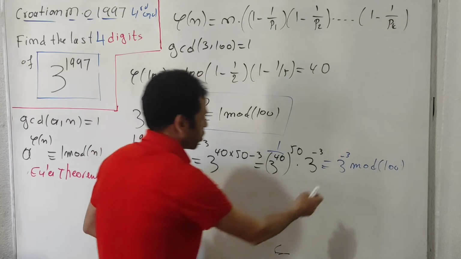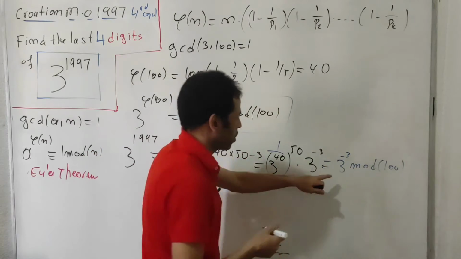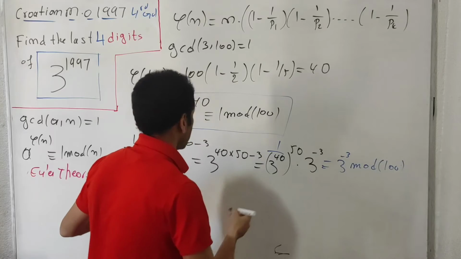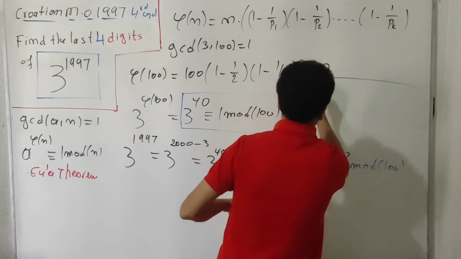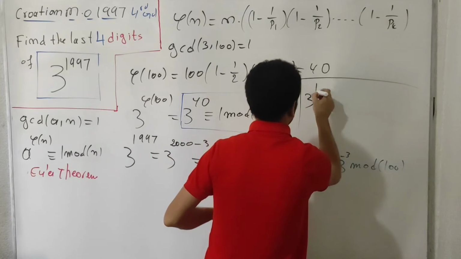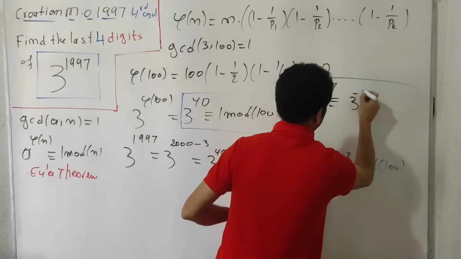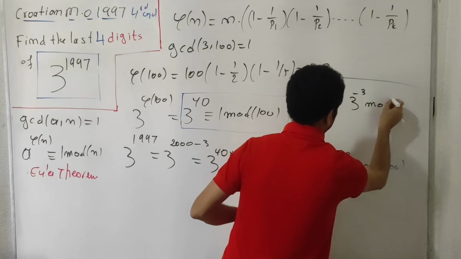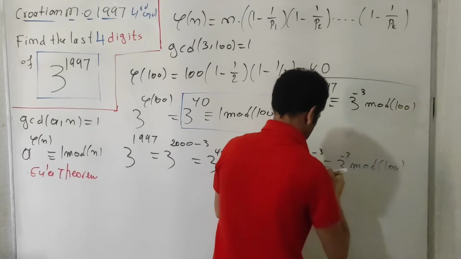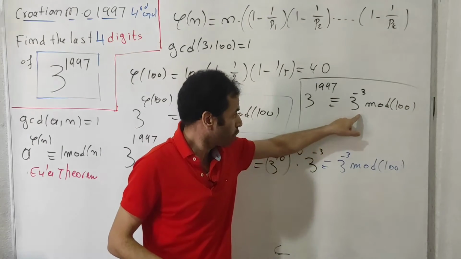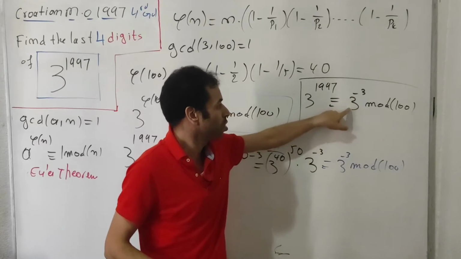Now the only thing left is to calculate this. We have 3 to the 1997 congruent to 3 to the minus 3 mod 100. We are going to calculate the inverse of 3 to the minus 3.